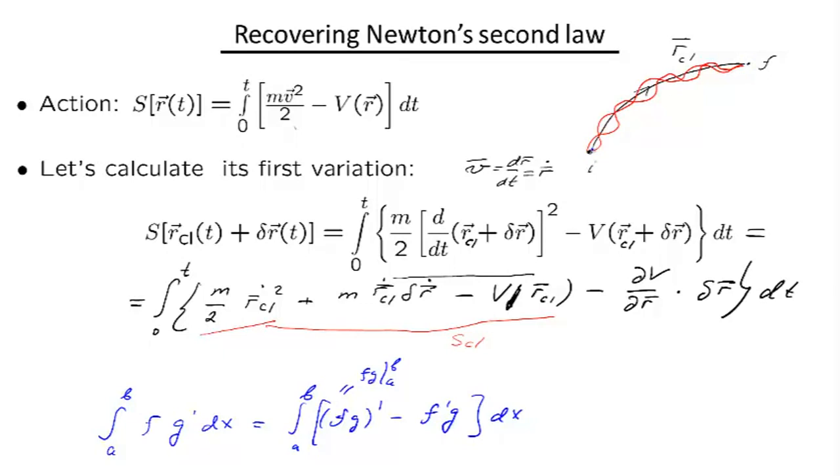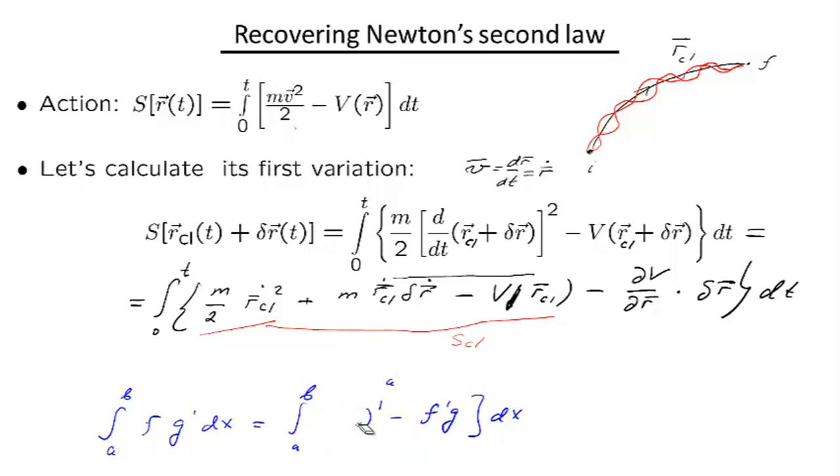Our trajectory, remember, is pinned. We have to go from the prescribed initial point to a prescribed final point, so there is no freedom for the fluctuation to deviate from these points. It can only deviate from the classical trajectory in between. So the full derivative term in this case vanishes, and we can simply move the derivative from here to here with a minus sign.